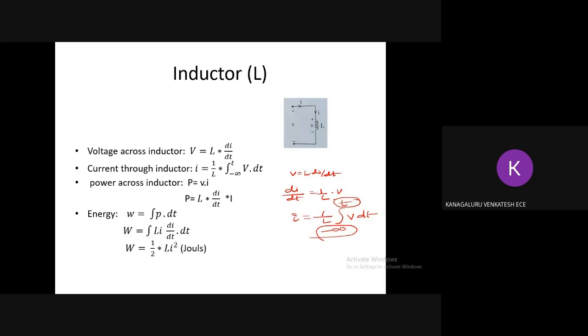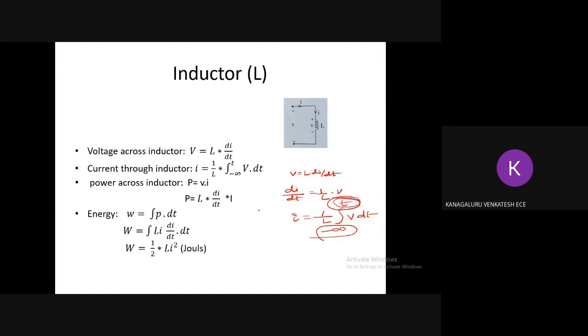But this inductor has the property of storing energy, so when X was doing the experiment, some energy might have been stored in the inductor. It will affect Y's experiment. So here minus infinity indicates previously, earlier, whoever used it; I want whatever energy was stored from that point of time up to the current time t. You understand? That is why we took limits from minus infinity to t.